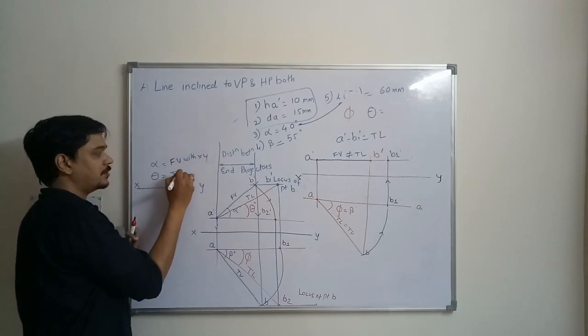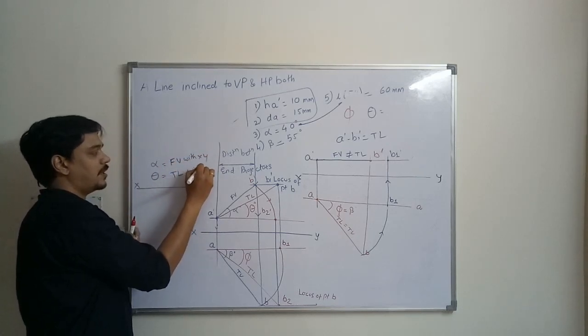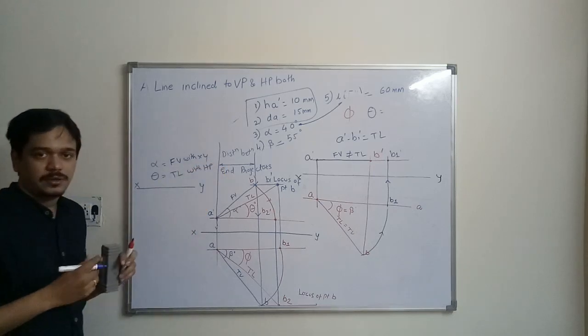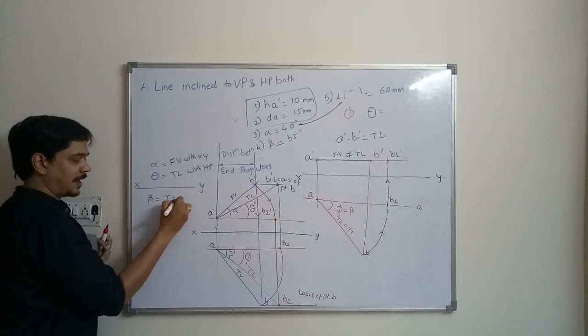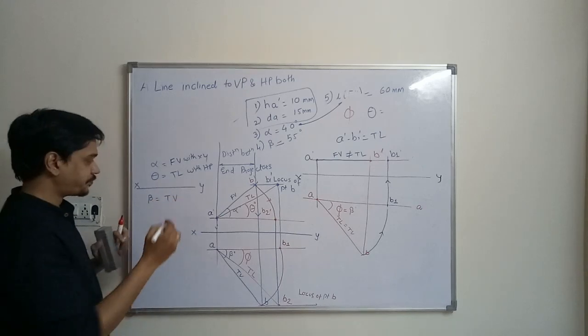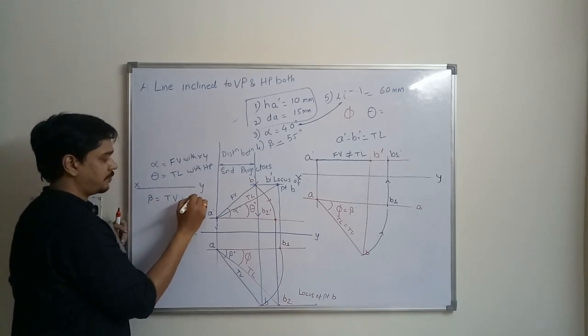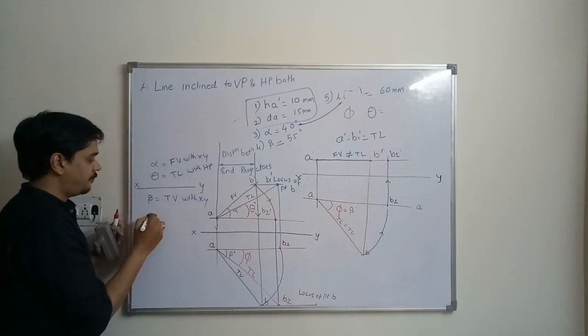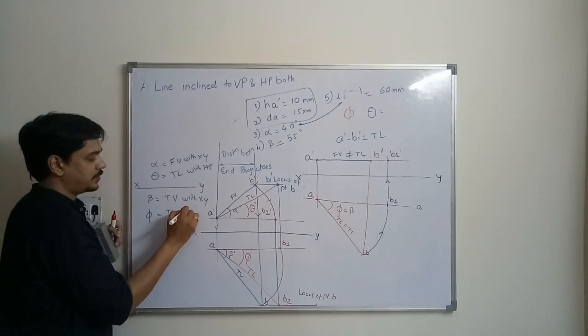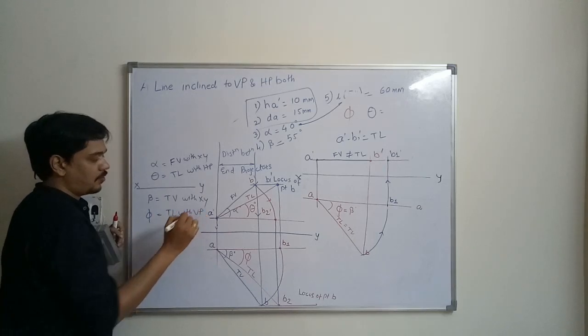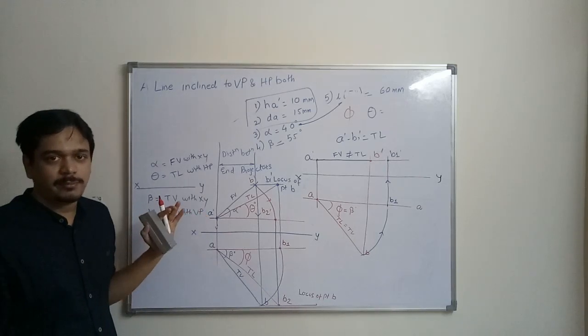This is the angle made by the true length with HP. Similarly, in the top view, beta is the angle made by the top view with XY, and phi is the angle made by the true length with the vertical plane. This you have to remember.